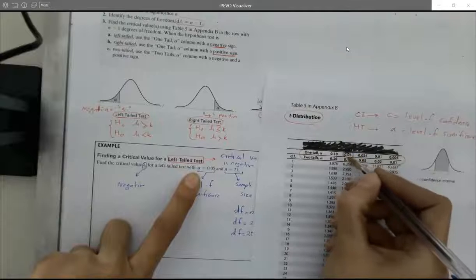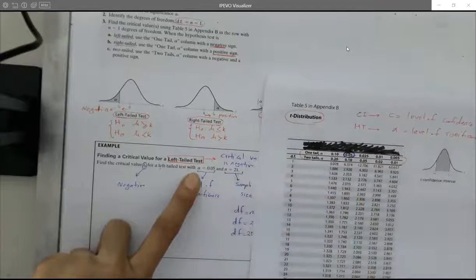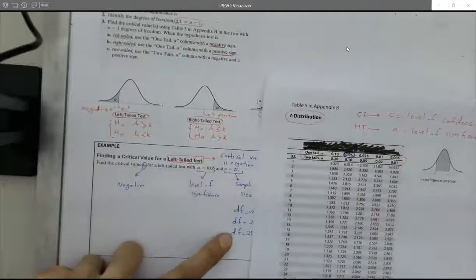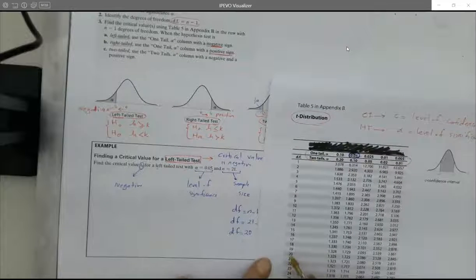And the degrees of freedom is 20. Where is 20? 20 is just right here. So let us find the intersection between them.